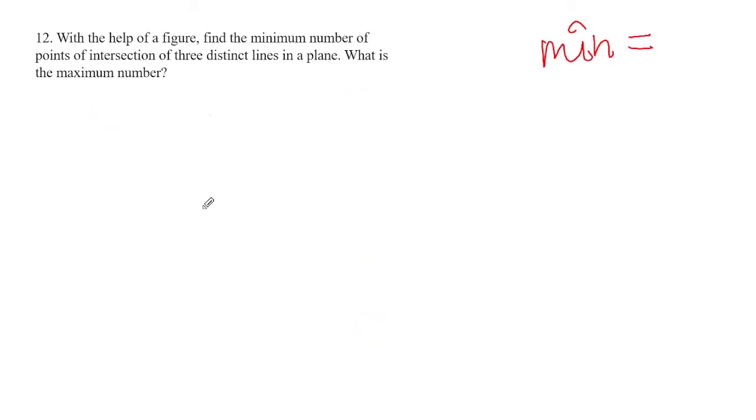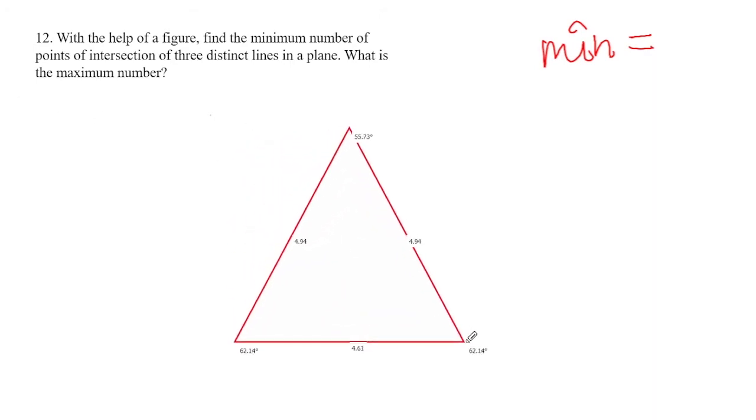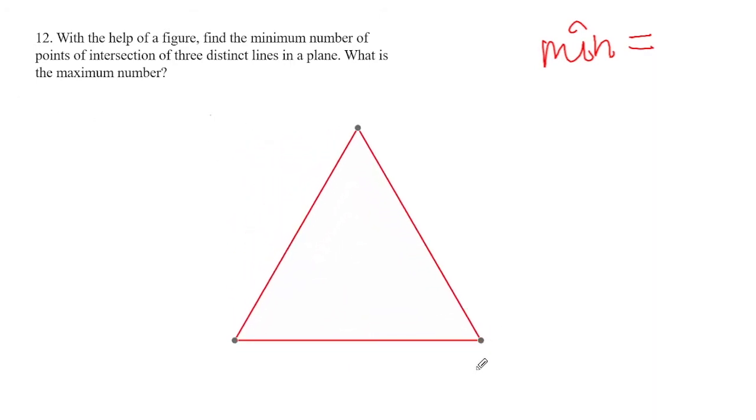Okay, now we have to find the maximum. So what we are basically doing is all of these three lines are getting intersected. It's basically that we are forming a triangle, right? We are just forming a triangle. So the maximum number of points of intersection are 1, 2, 3.